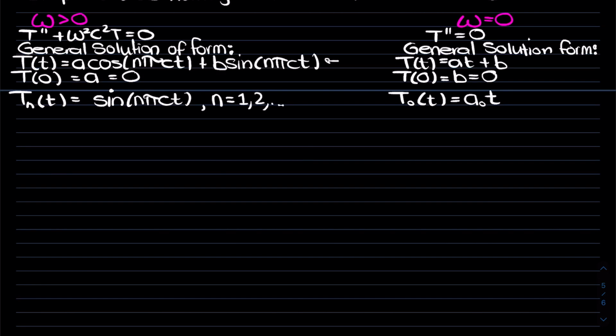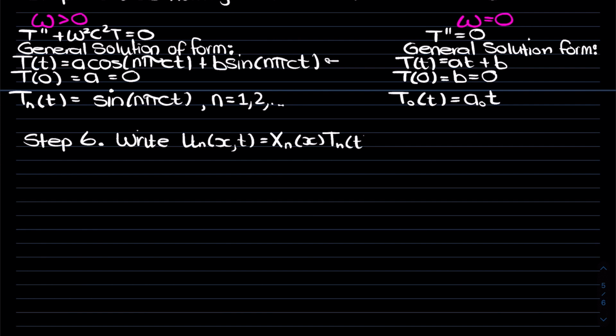We have step 6, and that is to write our u n of x,t equals X n of x T n of t. And then if you've written the u n and u naught separately, we can write u naught of x,t equals X naught of x multiplied by T naught of t.